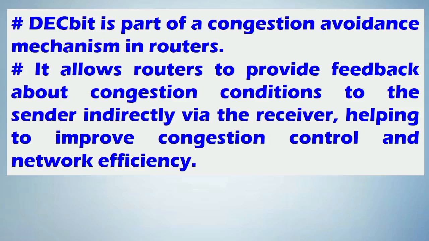Moreover, please note that this diagram, Figure 1, and explanation provide a simplified overview of how DECbit operates in a network. In a real world scenario, there may be more routers and a more complex network topology, but the fundamental principles remain the same.